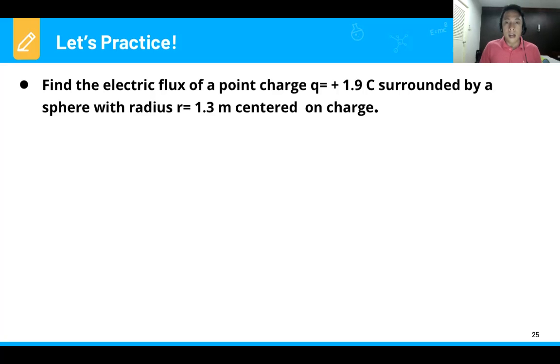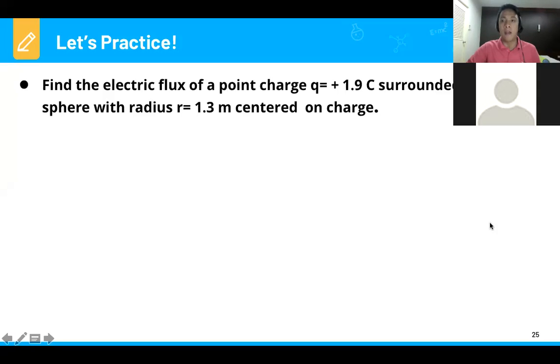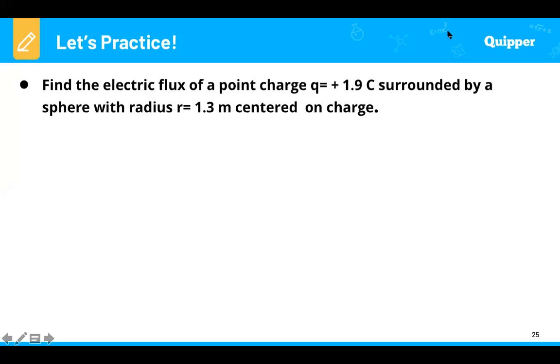Our connection is acting up again. My tab is connecting. Okay, we are going back to our problem. So let's now solve for this one.